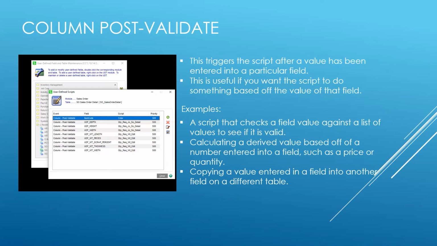So, a script that checks a field value against a list of values to see if it's valid, calculating a derived value based off of a number entered into a field, price, quantity, that sort of thing, or copying a value entered in a field into another field on a different table. Usually that would happen if you had maybe a user-defined table that was gathering up records to store as a sort of historical record.